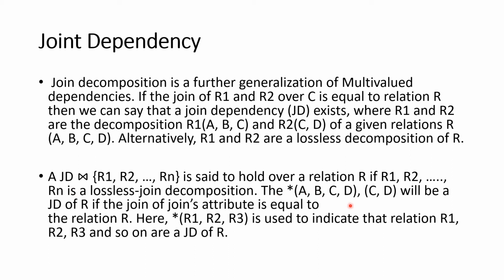The join dependency of R holds if the join of these relations is equal to R. Here R1, R2, R3 and so on are used to indicate that they are a join decomposition of R.